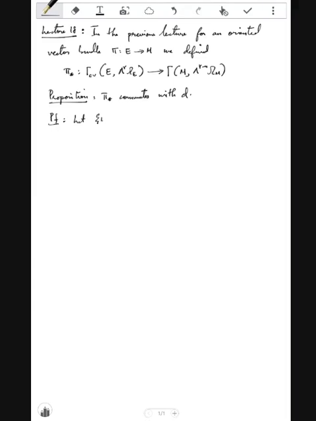Let U alpha be a covering of M by coordinate open sets over which E is trivial.